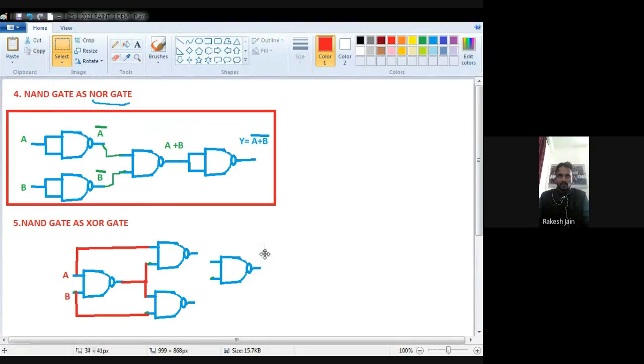Then these two outputs of the NAND gates are connected with the fourth NAND gate. See this representation, this realization, very carefully. So this is connected with this, and this is connected with this.